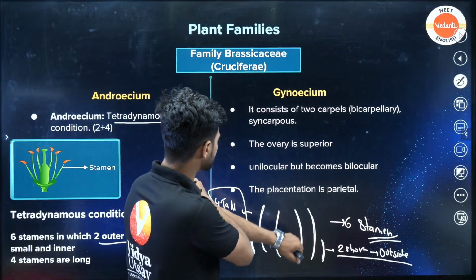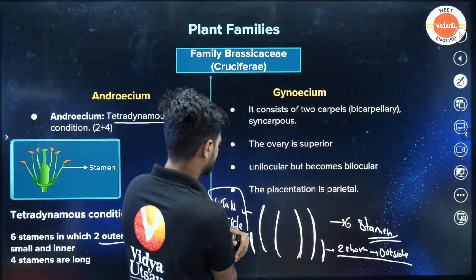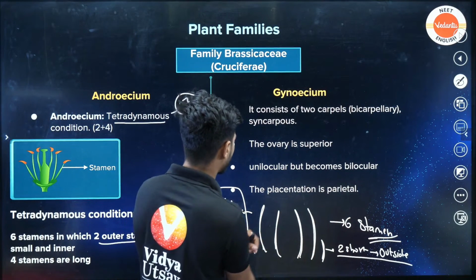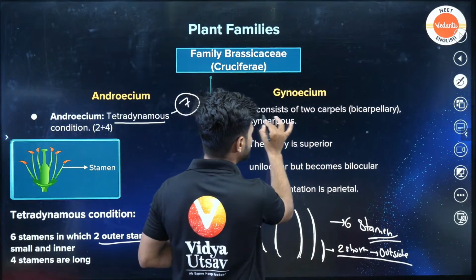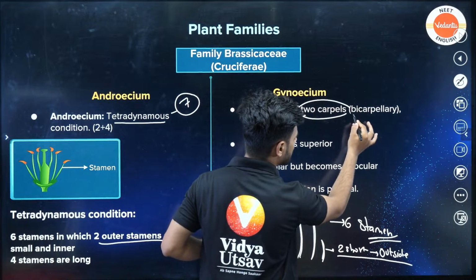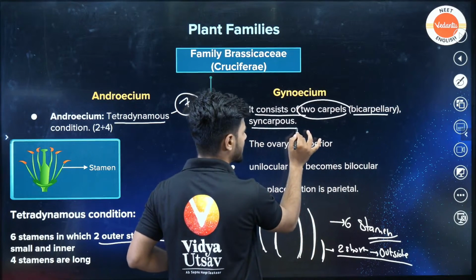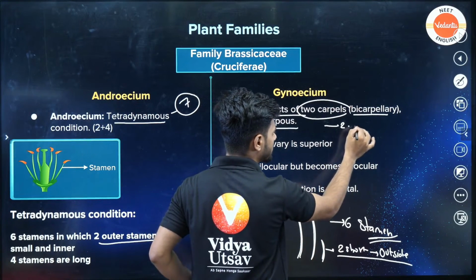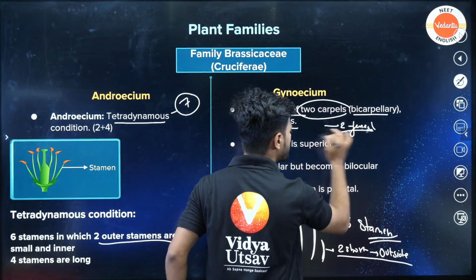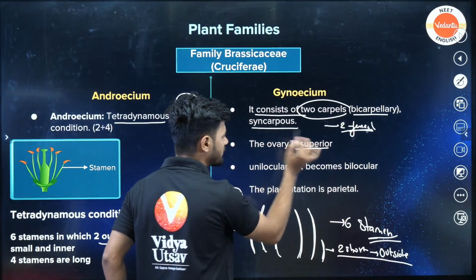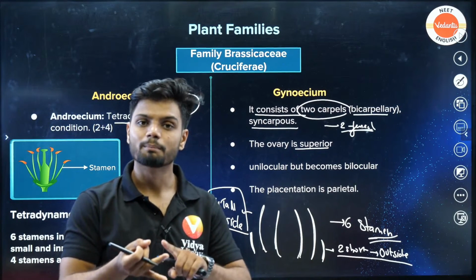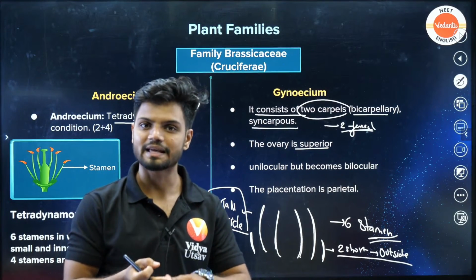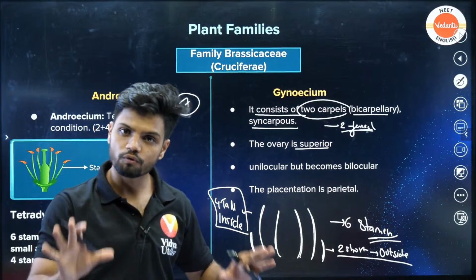Now the 8th point here is going to be the replum. Where is replum? Before we go to the replum, let me tell you, it consists of 2 carpels, bicarpellary condition, and syncarpous. So 2 carpels are there which are fused completely. Apart from that, superior ovary. Remember, in your Fabaceae, your Malvaceae, as well as your Brassicaceae, it is superior ovary only.